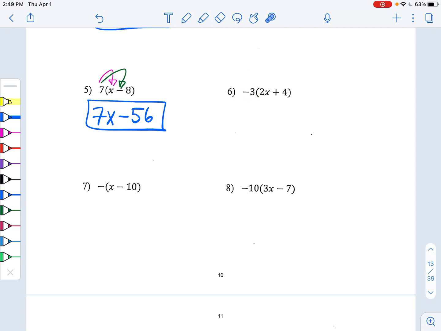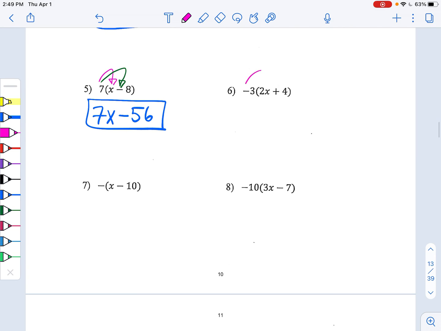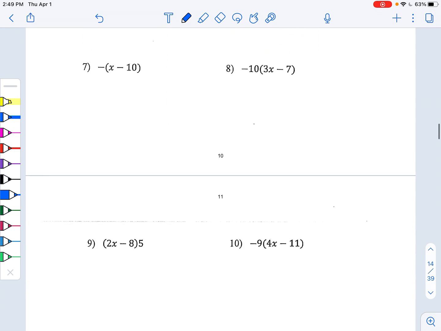All right, you have a negative 3 being distributed on number 6. So you have negative 3 times positive 2x, that would be negative 6x. And then you have a negative 3 times a positive 4, and that would give you negative 12.